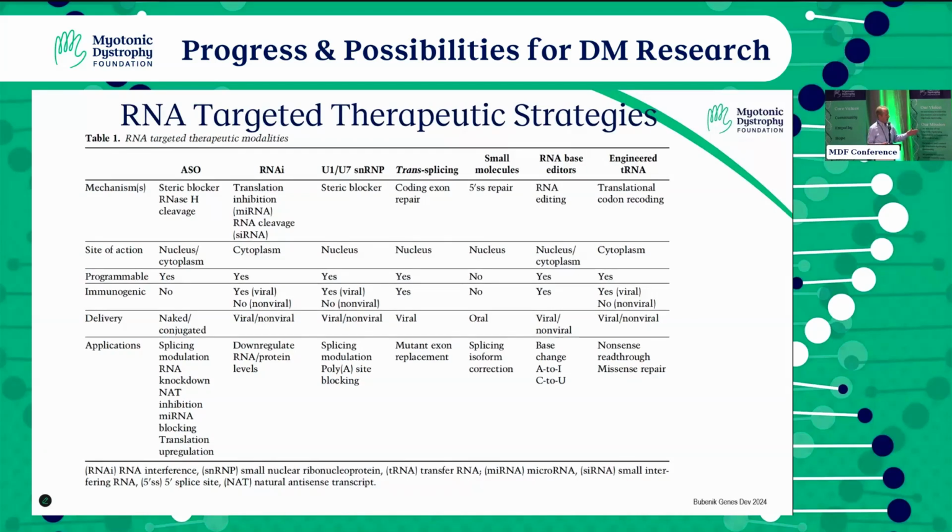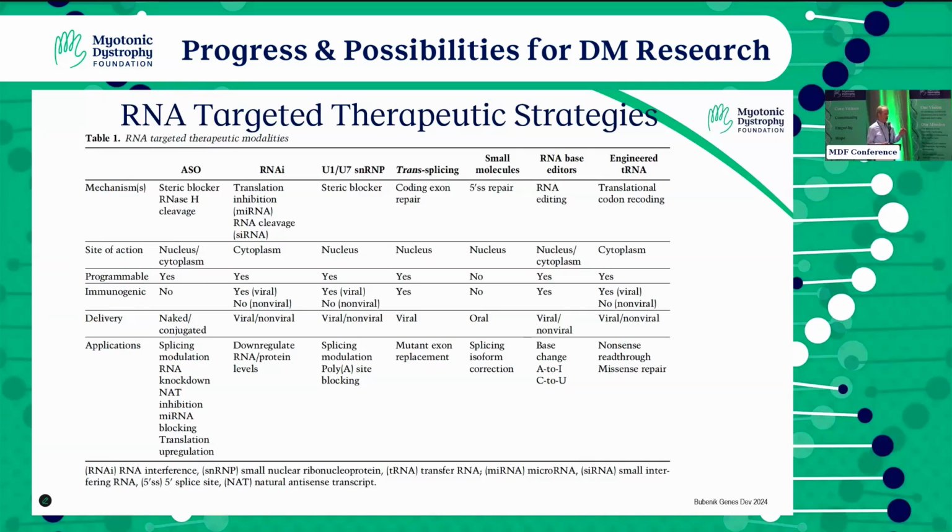U7, again, like ASOs, can be used as a steric blocker, although there what you're doing is instead of having this artificial molecule, still an artificial molecule, but at least it's packaged in a biologically relevant entity, that is a snRNP. So that has certain strengths that perhaps ASOs might not have.